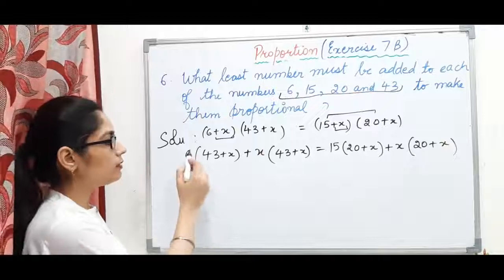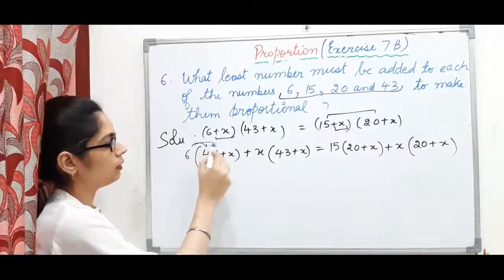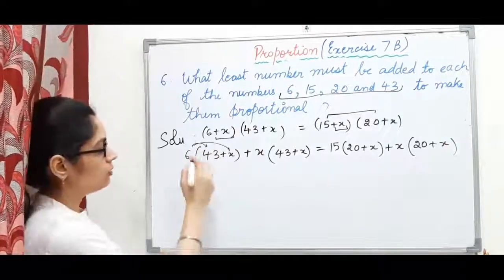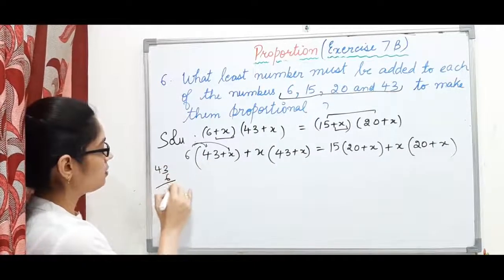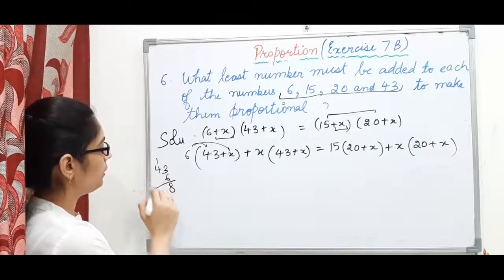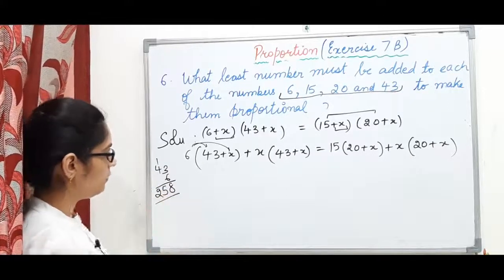Now we can multiply. See, this 6 will get multiplied by both, with 43 also, with x also. So 6 into 43 we can multiply: 43 into 6, 6 into 3 is 18, 24 plus 1, 25.